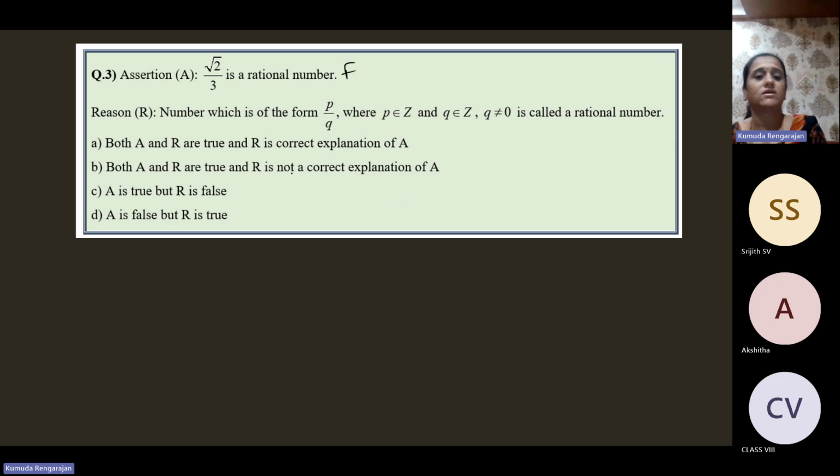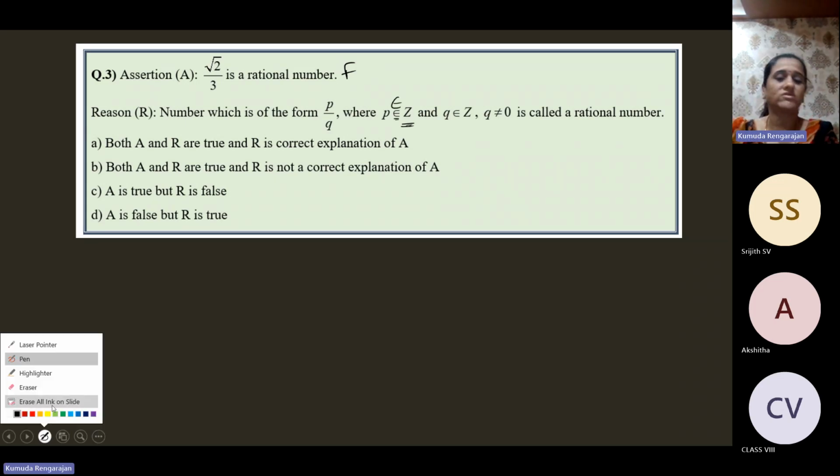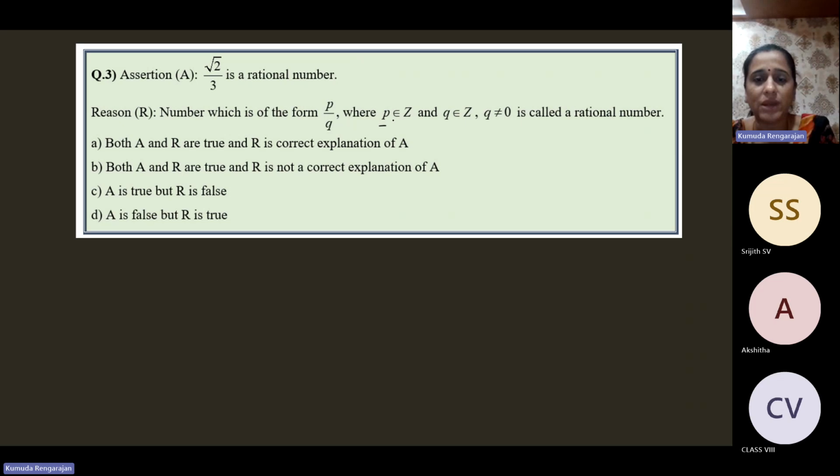This is false. Number which is of the form p by q where p belongs to Z. I have given you this. Integers are represented or denoted by the letter Z, and this symbol stands for belongs to. P belongs to Z. Listen. The numerator P belongs to Z. That means the numerator P is an integer.